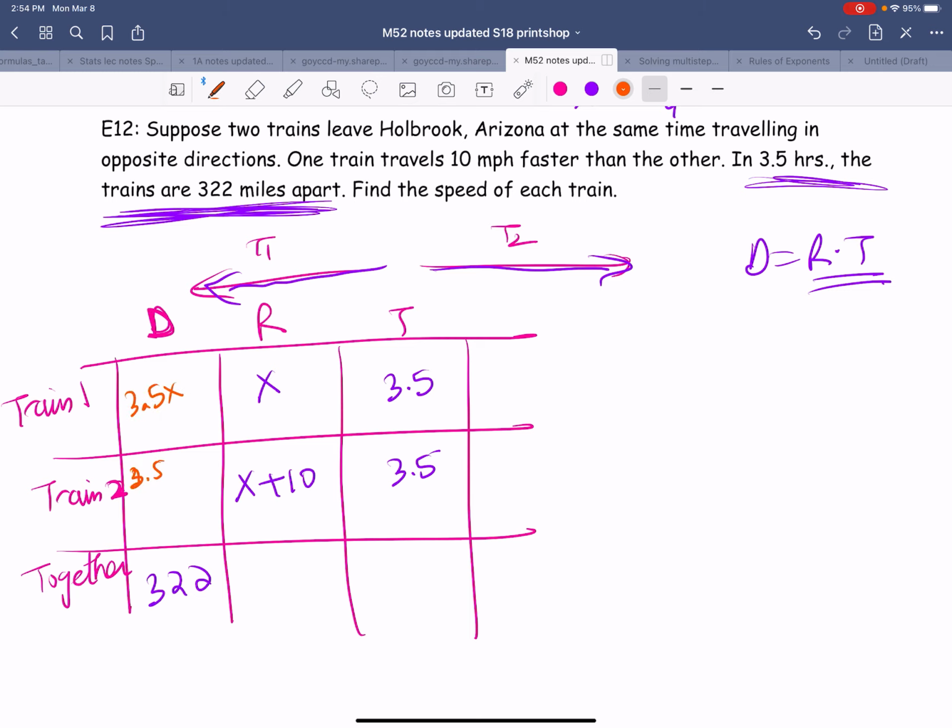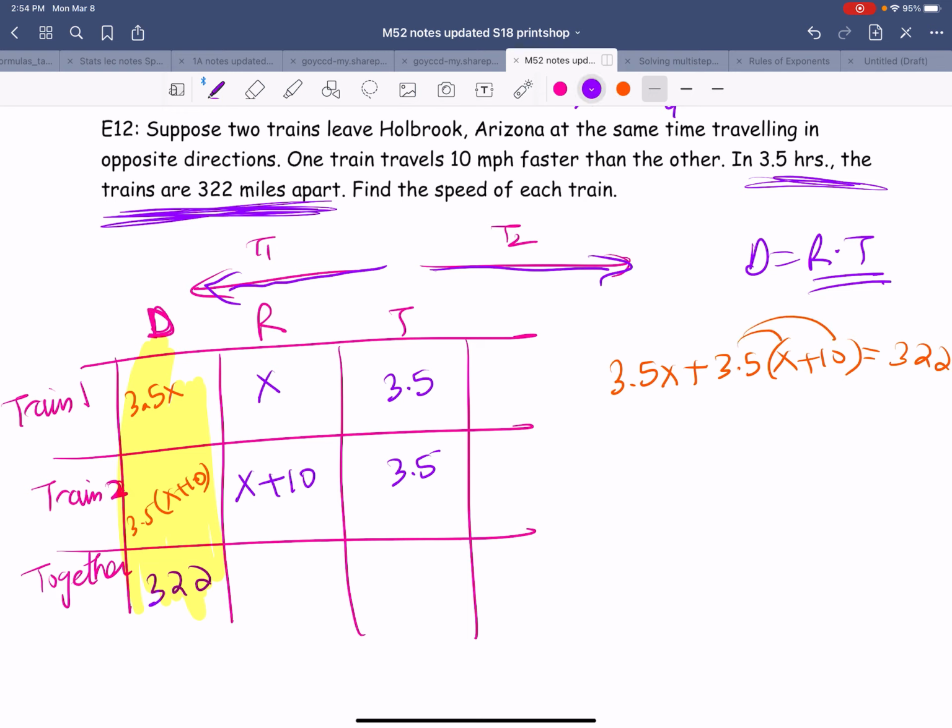And 3.5 times, here I'm going to have to use parentheses, x plus 10. All right, this is the column where I have my equation. So I'm going to write this equation: 3.5x plus 3.5 times x plus 10 equals 322.